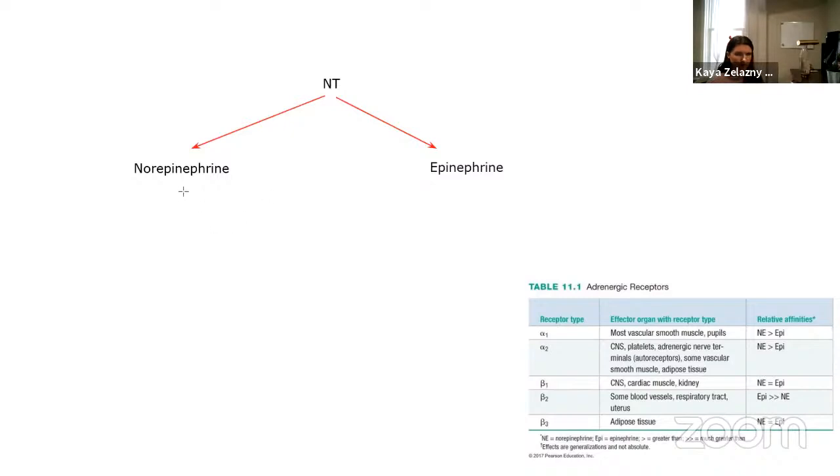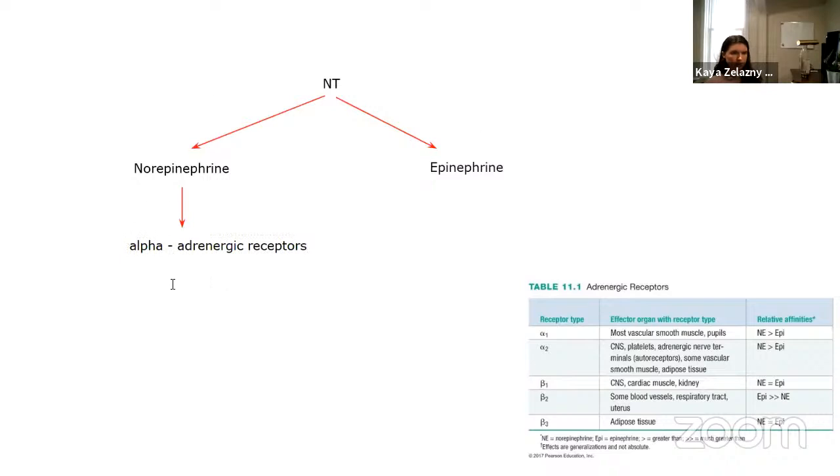Okay, so norepinephrine, we're going to see affects our alpha receptors. I'll write out that word. Alpha, and these are adrenergic receptors for both norepinephrine and epinephrine. So alpha adrenergic receptors.